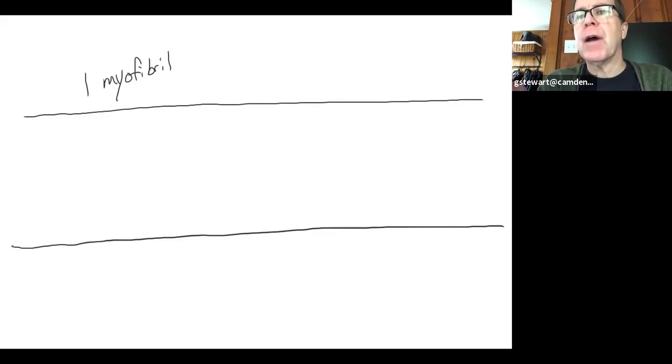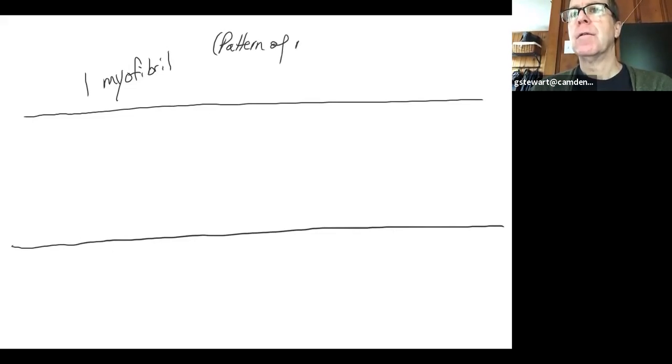So one myofibril, we're going to look at first the arrangement of the myofilaments within that myofibril. So this is what I'm going to draw here, the pattern of myofilaments. There's all sorts of pictures in your book with this. I'm going to try to simplify it for you so that when you go to look at those pictures, you'll have an idea of what you're actually looking at.